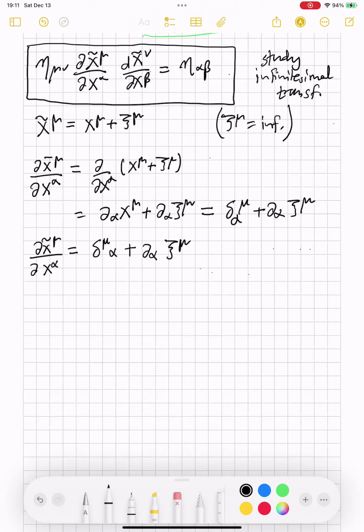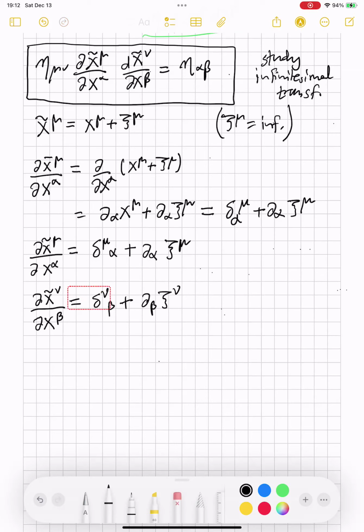In exactly the same way, we've got dx tilde nu over dx beta is equal to delta nu beta plus d beta zeta nu.